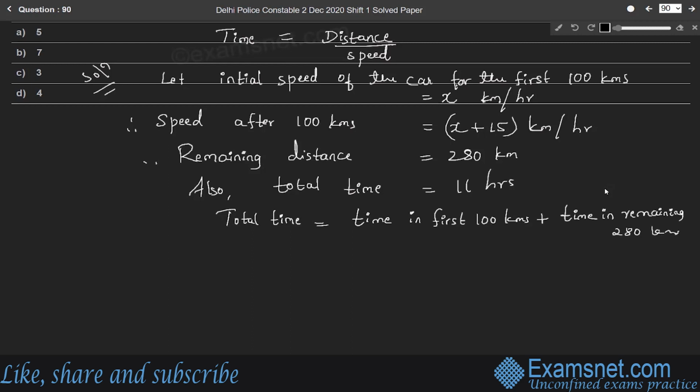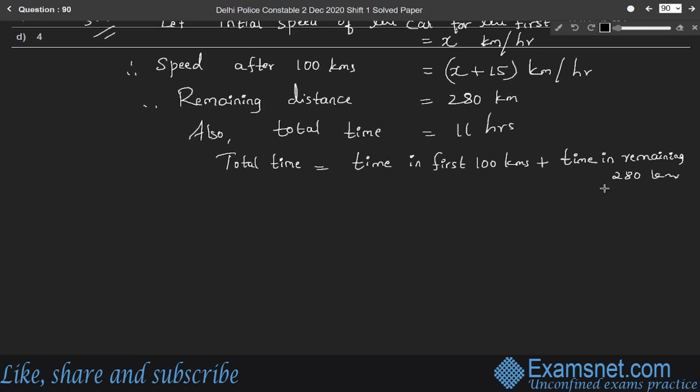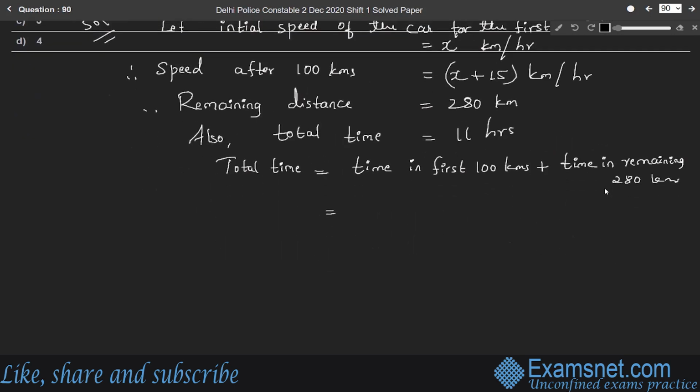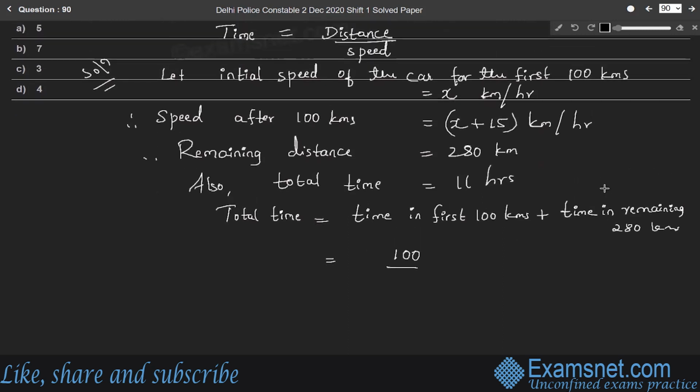So let us express time in terms of distance and speed. So what is distance? First 100 kilometers. So time is distance by speed. So initial speed for the first 100 kilometers is x here, right?